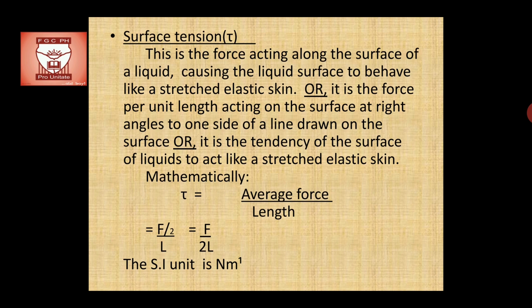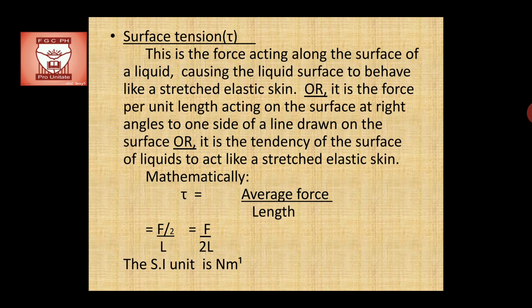So mathematically, surface tension is equal to average force over length. Average force, we have F over 2, signifying average, over length. And by the time you evaluate that, you'll be having F over 2L.